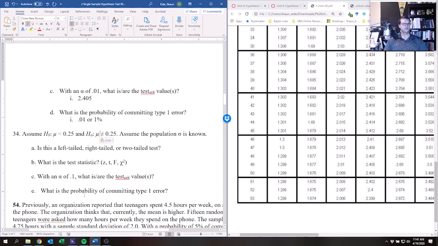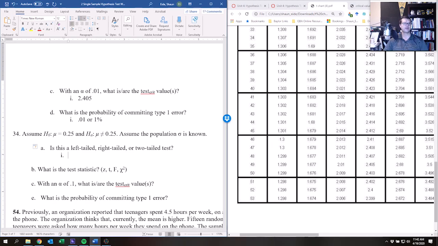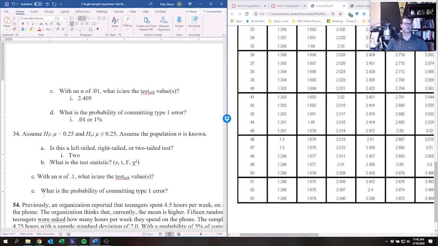Assume that the null hypothesis says that mu is equal to 0.25, and that the alternative hypothesis says that mu does not equal 0.25. Assume the population standard deviation is known. Is this a left-tailed, right-tailed, or two-tailed test? You look at the alternative hypothesis, it is going to be a two-tailed test. Then what is the test statistic? If it's known, it's going to be a z.